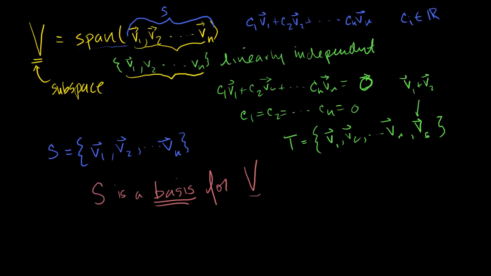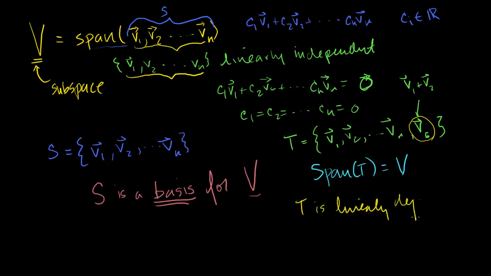But if I asked you what the span of T is, the span of T is still going to be this subspace V. But I have this extra vector in here that made it not linearly independent. So T is linearly dependent. So in this case, T is not a basis for V.